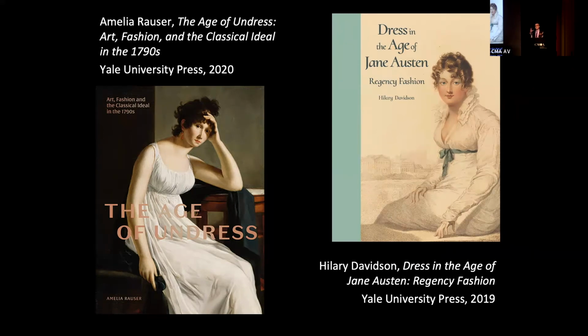These are very wonderful complementary books because Hilary Davidson focuses much more on the British. She is more interested in the mechanics of how the clothes were made, how the fabrics worked, and also the larger social and economic implications of the trade in these goods and other things that went behind creating Regency dress.